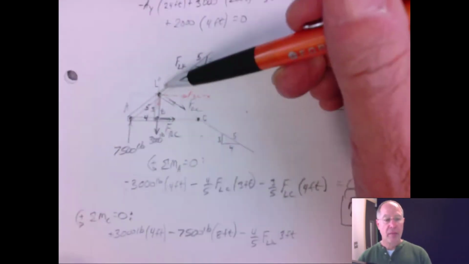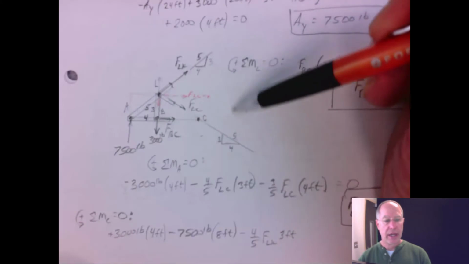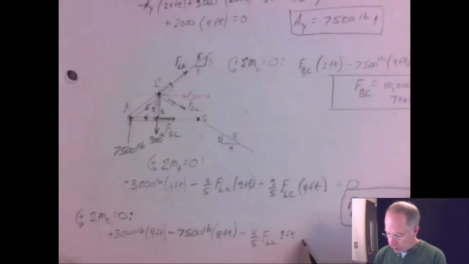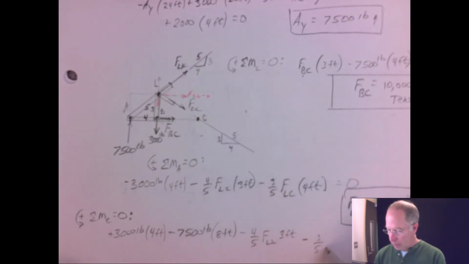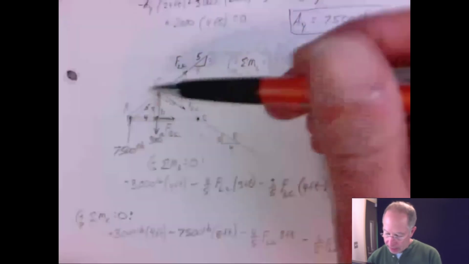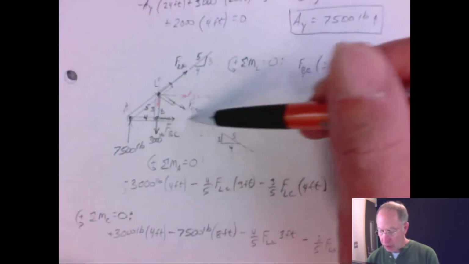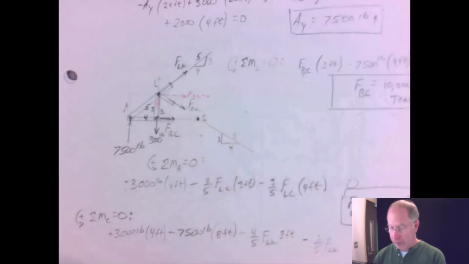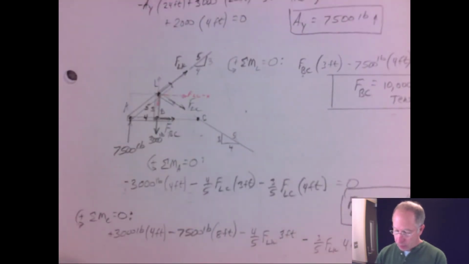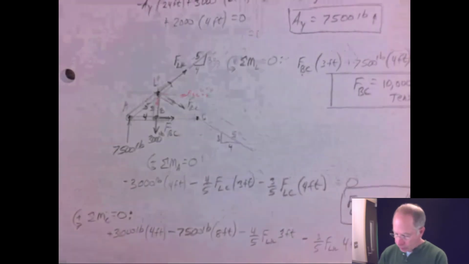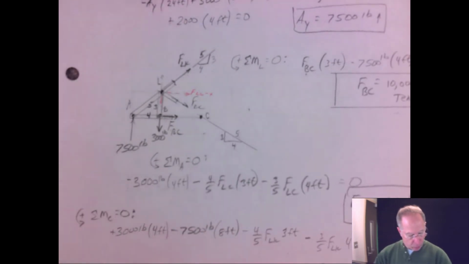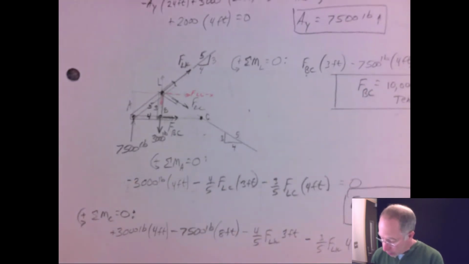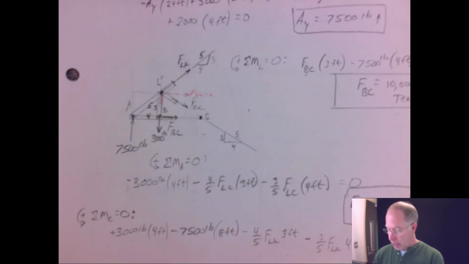And then the Y component also causes a negative rotation about C, and the Y component of FLK is 3/5, and its moment arm is this horizontal distance, 4 feet, equal to 0. Solve for FLK, and you come up with another negative number, magnitude 10,000 pounds.